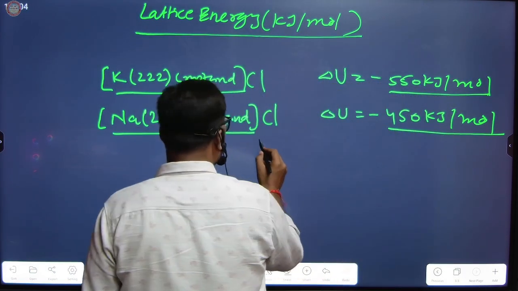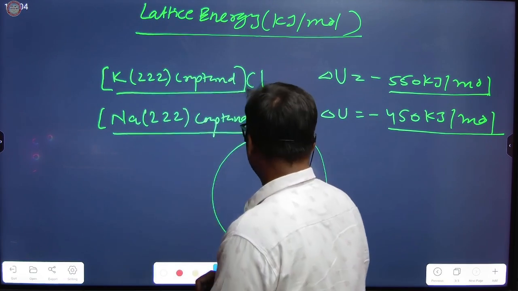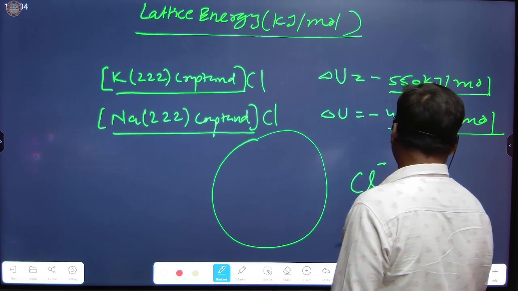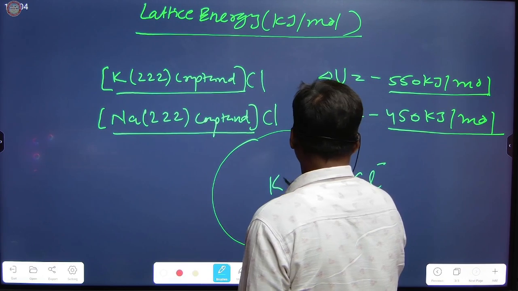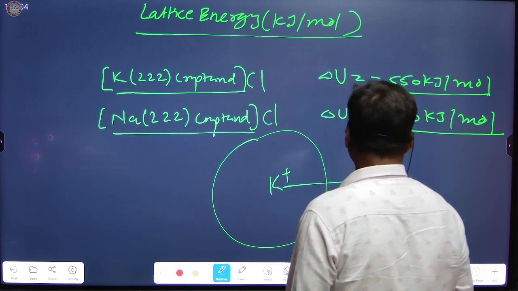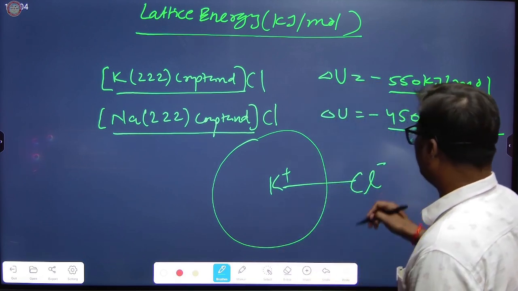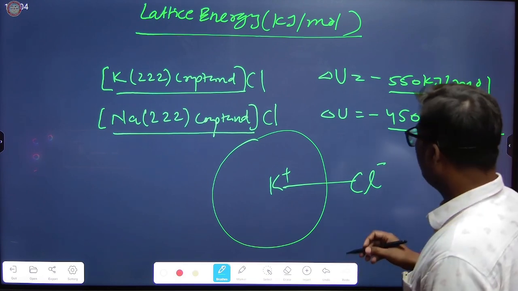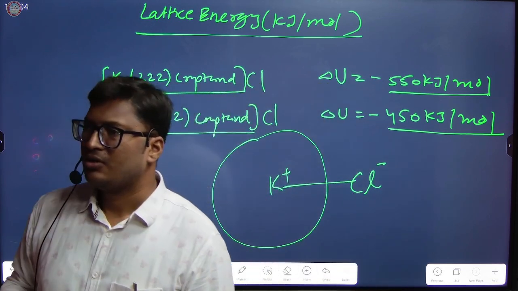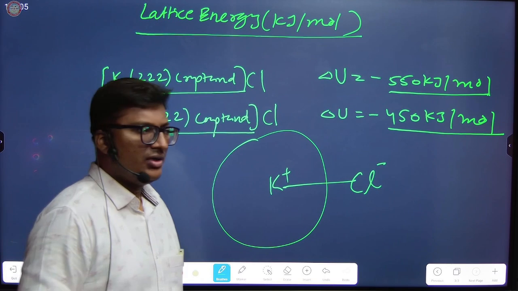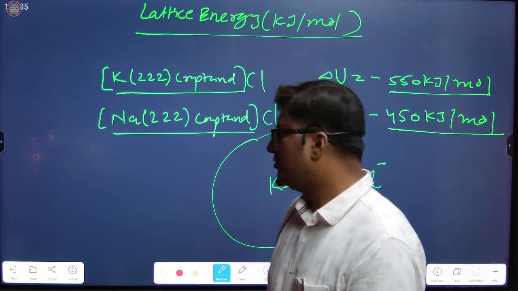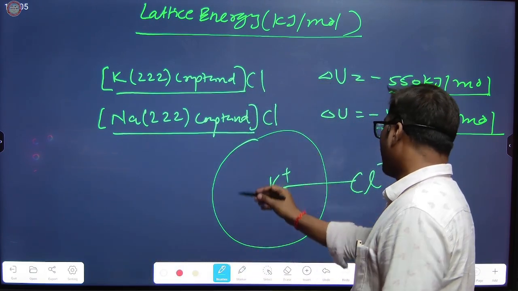Suppose this is your cryptand complex and this is your chloride ion. This is your K plus. So this is the distance, and this distance is very large, because of the presence of the wide complexation cell in the cryptand structure.